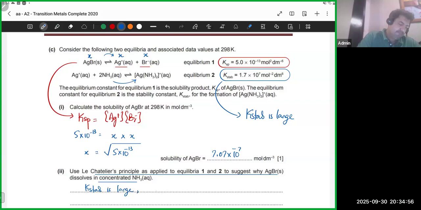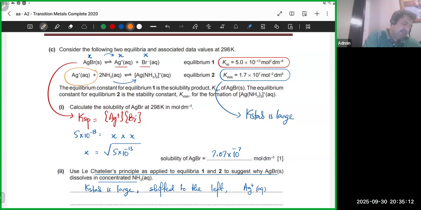And therefore, you can write that it's shifted to the right, which means that the Ag+1 aqueous concentration is going to be very low.